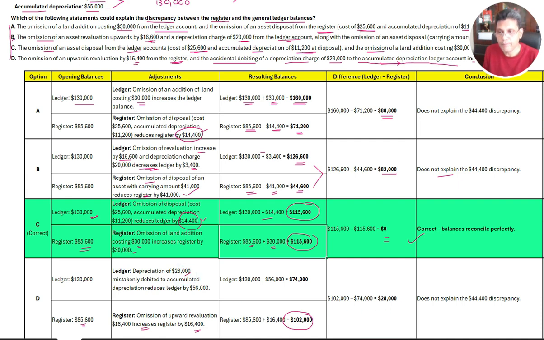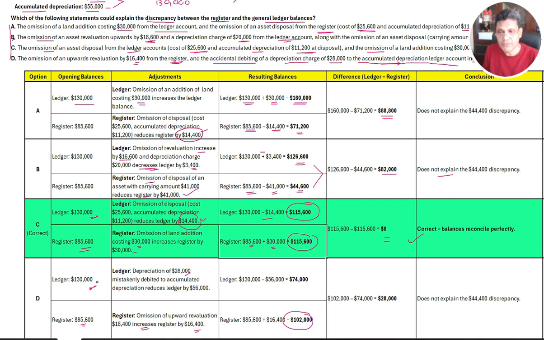So therefore, this accidental debiting of a depreciation charge of 28,000 to the accumulated depreciation account, instead of crediting it, effectively reduced the accumulated depreciation balance, which incorrectly increased the carrying amount of the ledger balance.